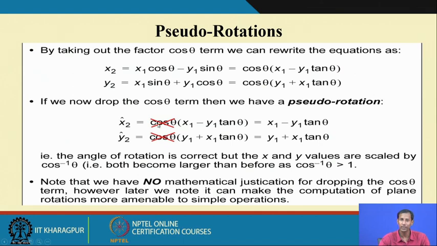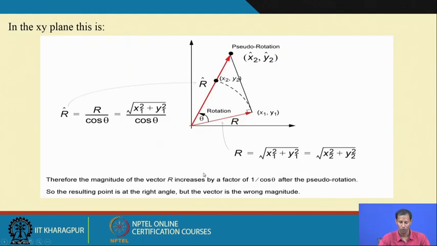So, we are removing cos theta, which means it is scaled by 1 over cos theta, which is nothing but cos inverse theta. We can also write cos inverse theta as sec theta, which can be written as square root of 1 plus tan square theta. Okay. That we will see now. So, what will be the value of this?